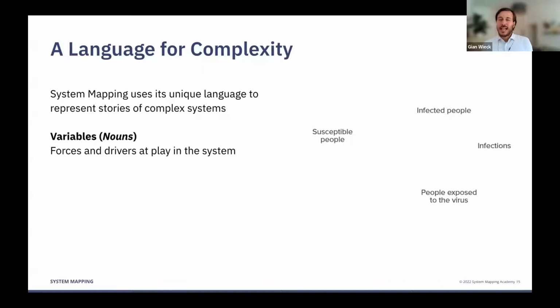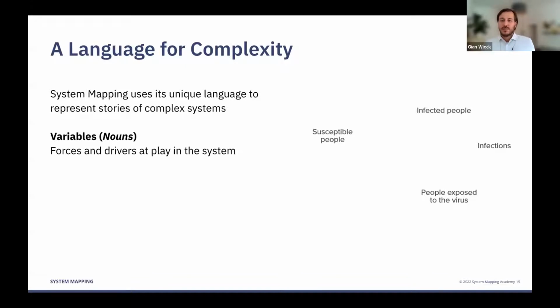Exactly. So when we say it's a language for complexity, we can compare it a little bit to our language and see what the differences are in the semantics and the syntax. The first thing that we have within system mapping are variables, and they correspond to our nouns in the language, or to the subjects and the objects.